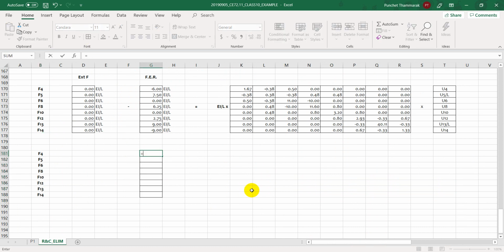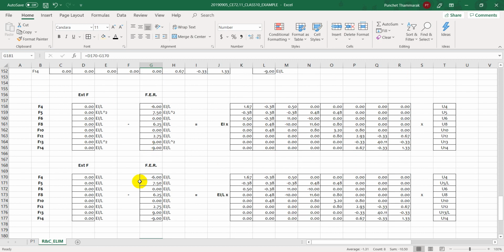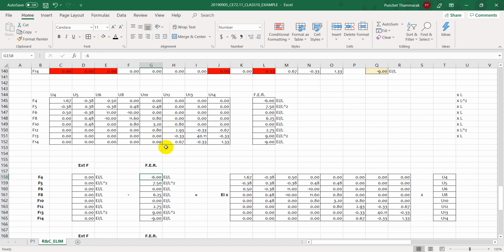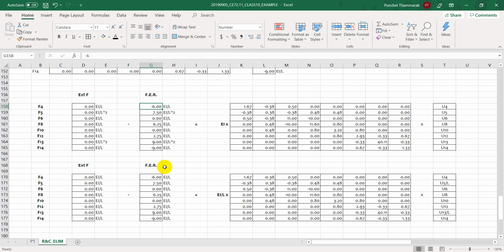Before we solve it, we combine this to this. Oops, sorry. I wasn't supposed to. Okay, minus of this one.